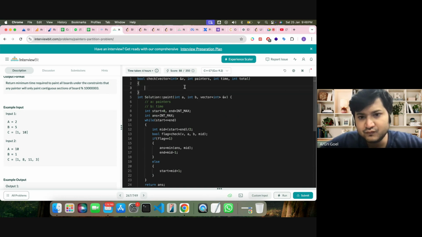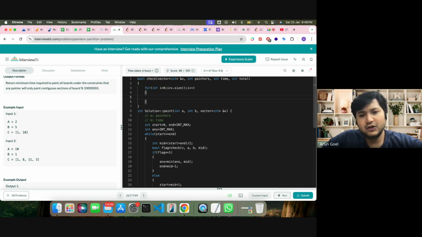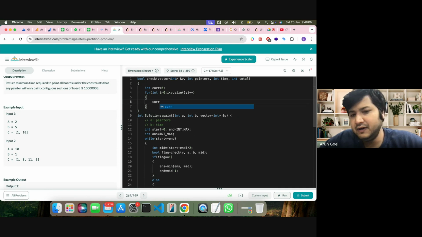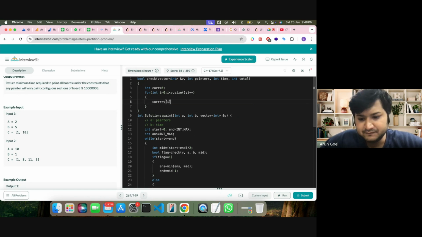So for int i equals to 0, i less than v dot size, i plus plus, what do you have to do? You have to int current is equals to 0, right? Current plus equals to v of i, या फिर नहीं, इसको इस तरीके से लो.